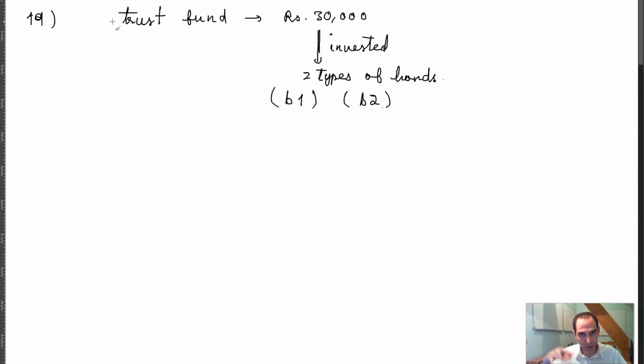And then after a while you have to sell whatever you bought, and the profit is paid back to the trust fund, and therefore the trust fund will have some more money after a while. This has to be done because otherwise the trust fund would not exist. The trust fund usually exists only because the amount of money that you contribute to it increases. Otherwise, people would not be enticed into paying money into trust funds, right?